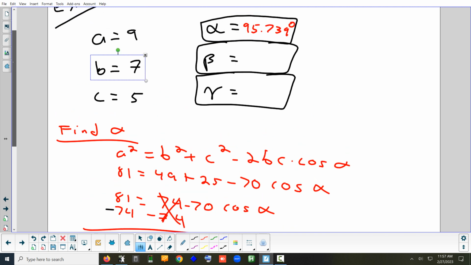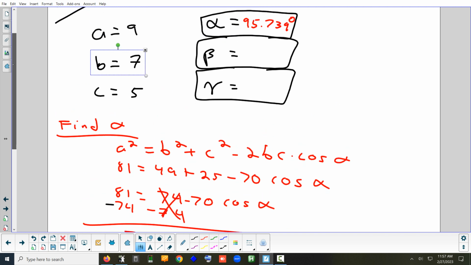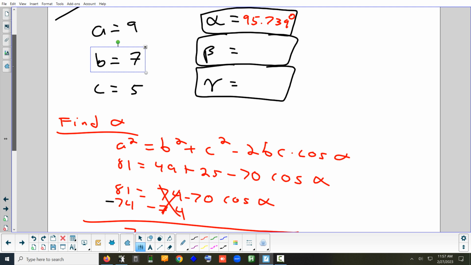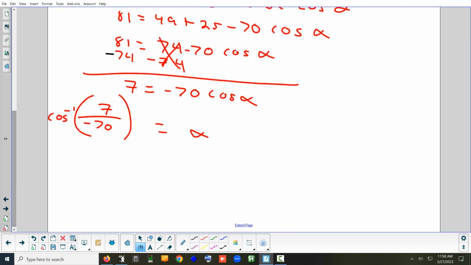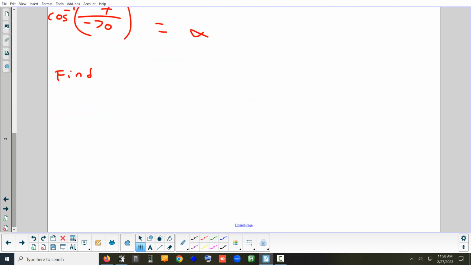Now, do the same thing again, either beta or gamma. Let's do gamma. Okay, what's my law of cosines that has gamma in it? C squared equals a squared plus b squared minus 2ab times cosine gamma.